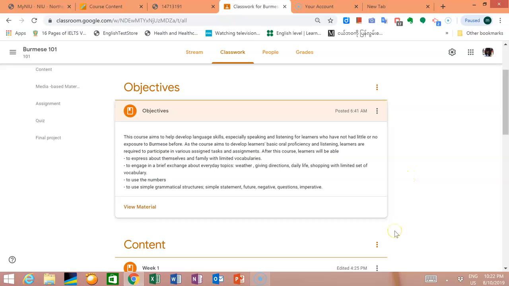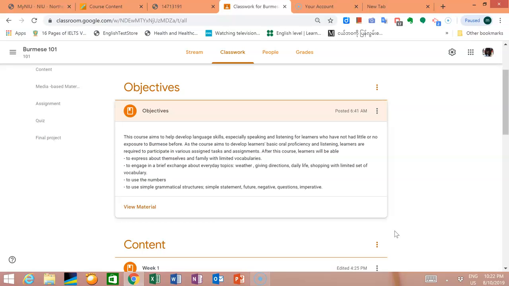Then we have course objectives. Learners should take a look at the class objectives before studying Burmese 101. As we mentioned earlier, this course is intended for learners who have little or no experience learning Burmese before. And we have 4 objectives.